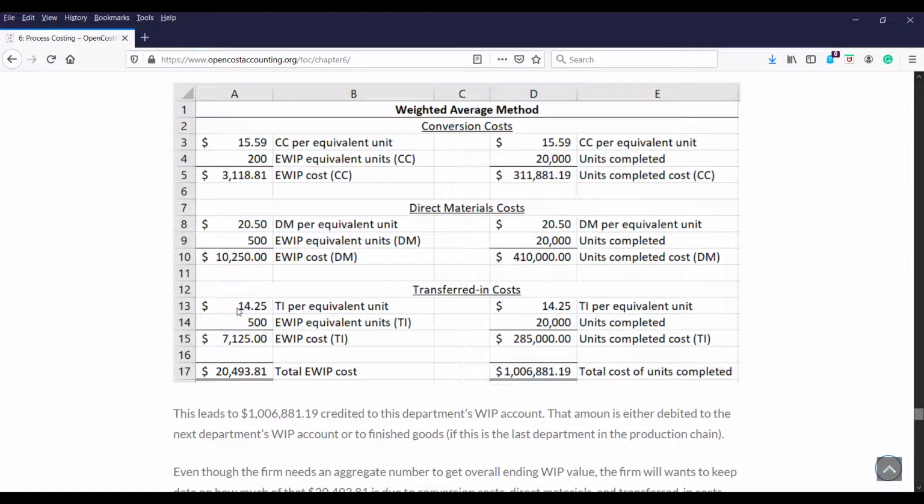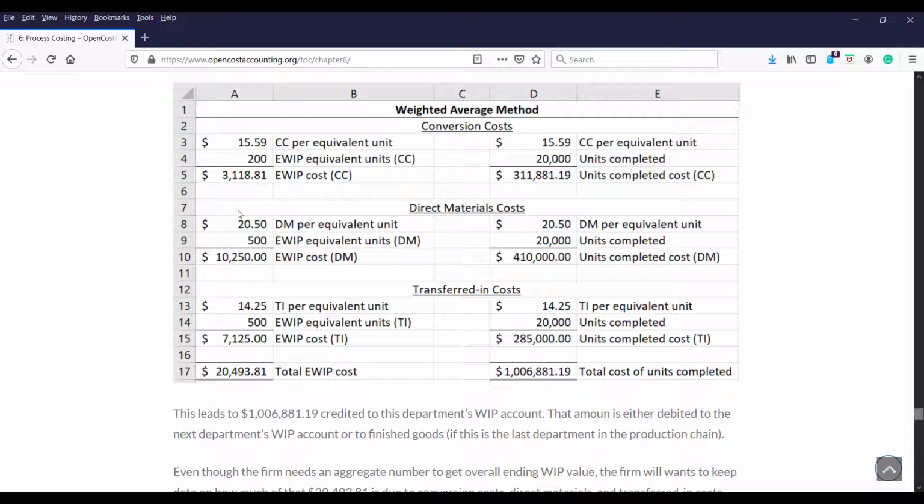Transferred in costs. I hope this isn't getting too repetitive, but going over it in each step, I hope either cements it in your mind or relieves you of any doubt that they're handled differently. They're not. We have different equivalent units that we use to calculate the rates, and now we're using them to apply those costs through the rate, like the 200 versus 500 here.